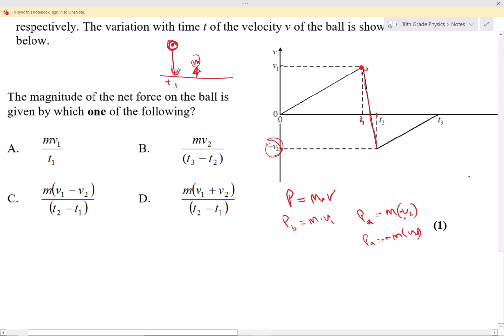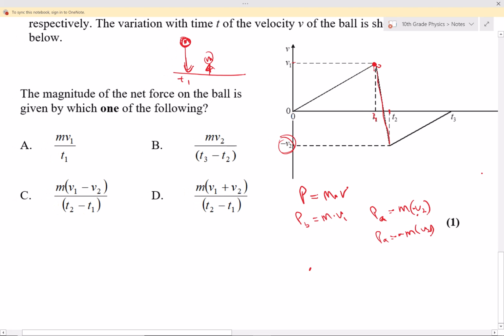And then what we want to know is what's the change in momentum, right? So how did the momentum change? Well, you could do p of A minus p of B over t2 minus t1, because you're trying to find it over the change in time.